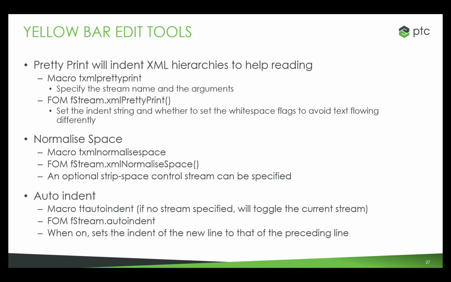So if you've got one set up to handle the white space on your XML stream, you can use that strip space control stream to specify whether the white space in the XML is useful or not useful. Using that with the normalize space methods and macros will allow you to apply that to the content which gets manipulated.